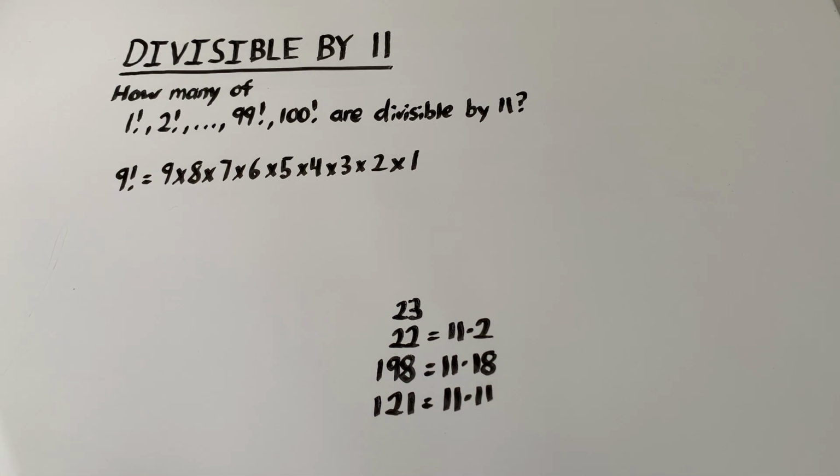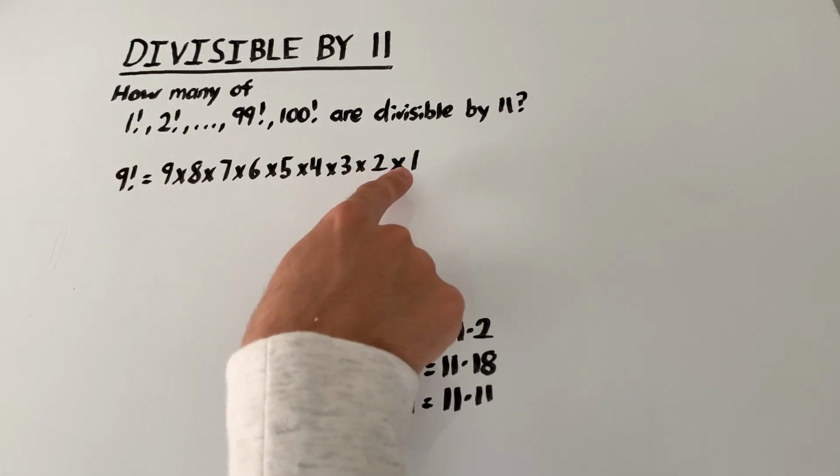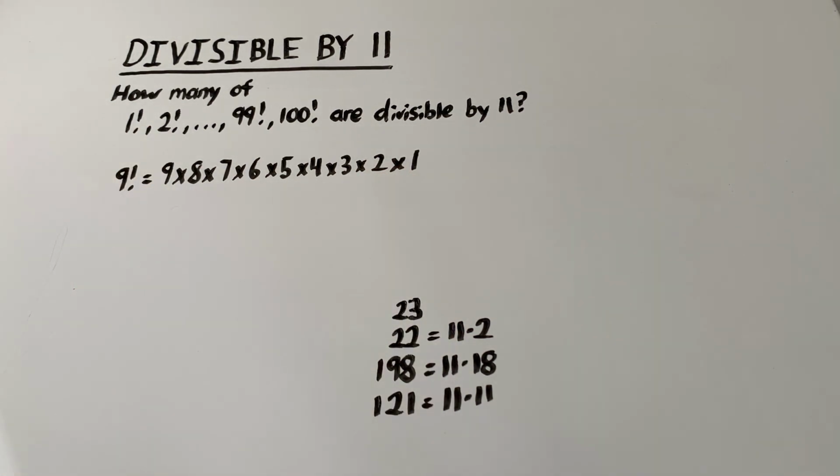Now let's take a look. Is there a factor of 11 in 9 factorial? Well, I don't see any 11s over here, which means there are 0 factors of 11 present in 9 factorial, which means 9 factorial is not divisible by 11. You can check with the calculator, but you'll find that it isn't. You'll just get a decimal.